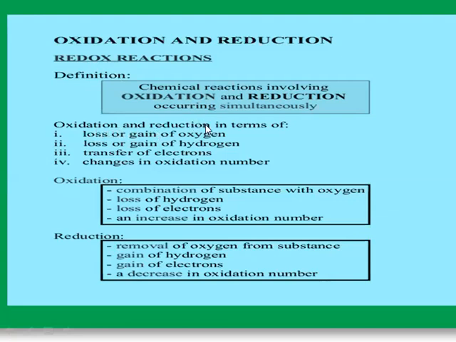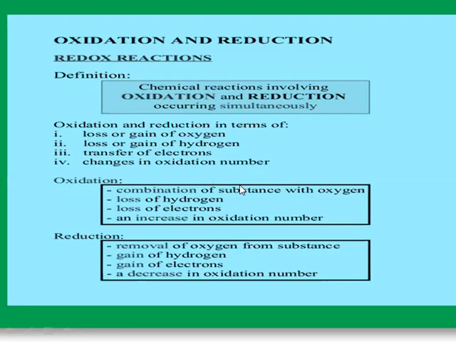Oxidation and reduction are studied in terms of first, loss or gain of oxygen, loss or gain of hydrogen, transfer of electrons, and changes in oxidation number. We first will see oxidation.